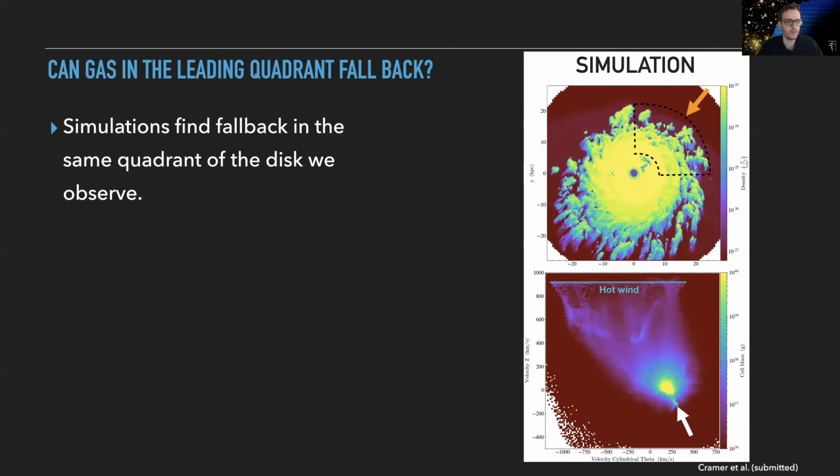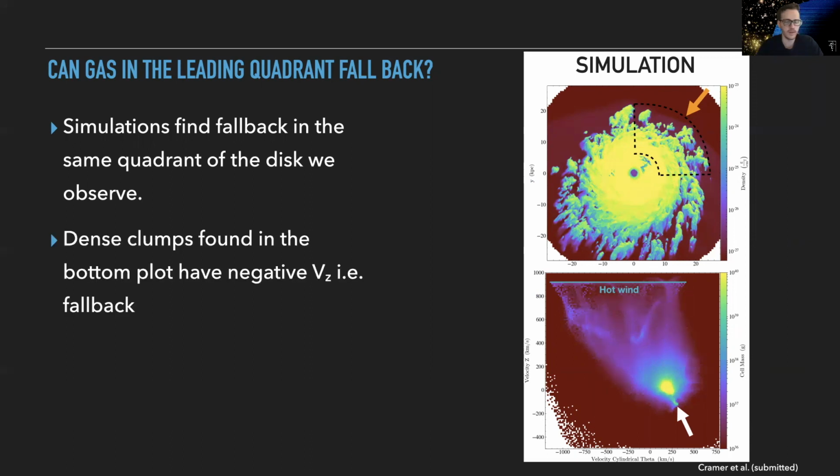And if we make a phase plot of the leading side, which is shown at the bottom right, and plot azimuthal motion on the x-axis and the vertical motion on the y-axis, you can see that there's some gas with negative z velocity falling back towards the galaxy, just as we would predict for fallback gas. But that gas is also rotating faster than the rotational motion.